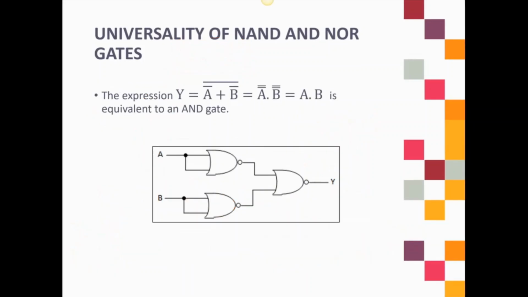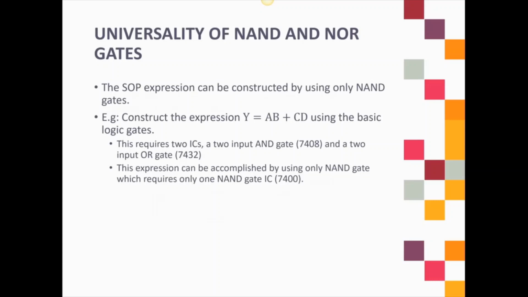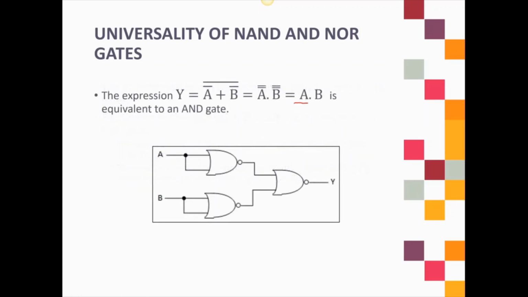Okay, next we will draw AND, but using only NOR gate. First you must remember the AND equation. So this is your AND equation, A and B. Based on the equation, we need to change it a little bit to make sure that the equation is in the form of NOR.